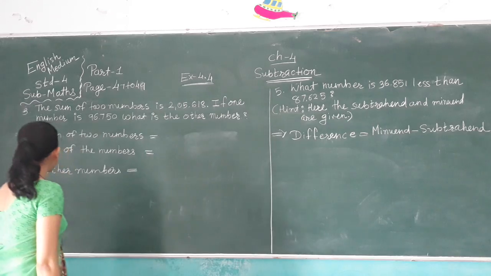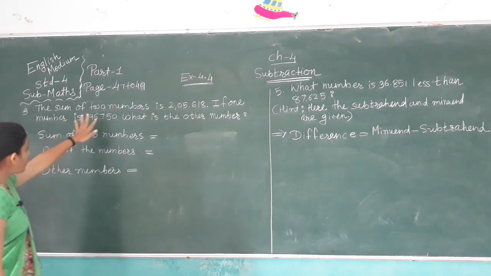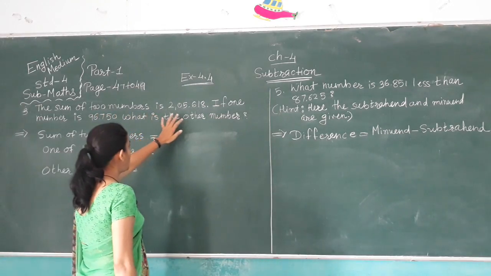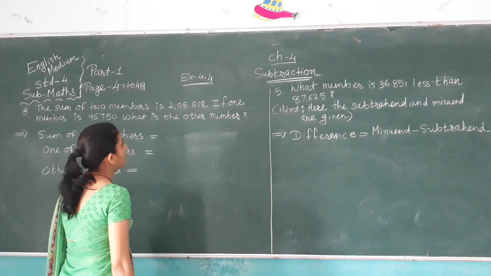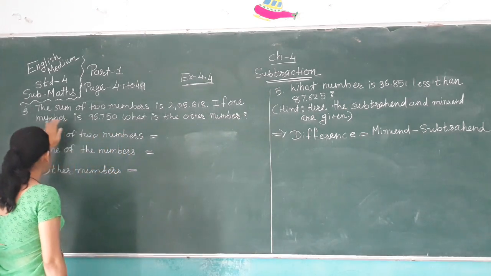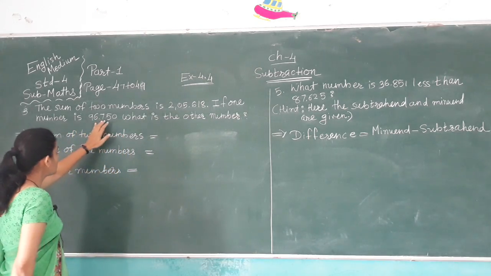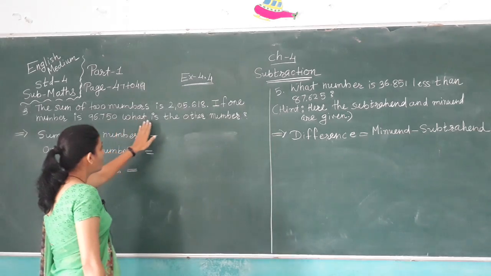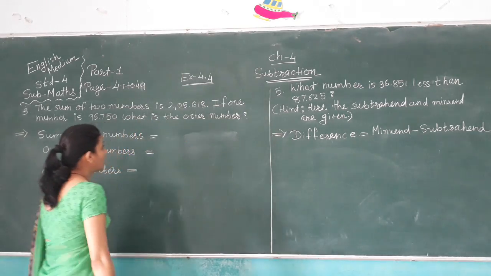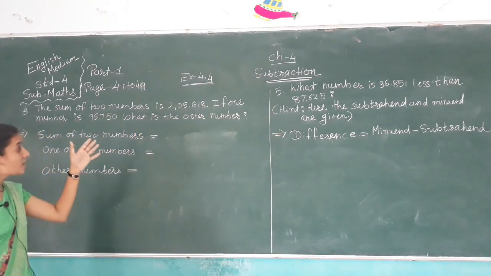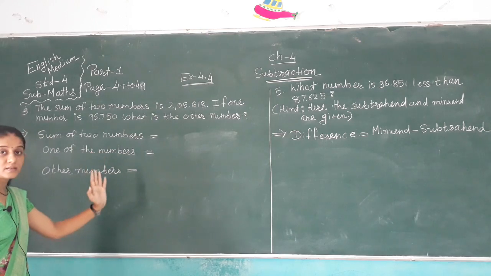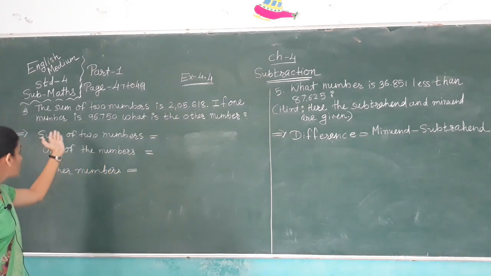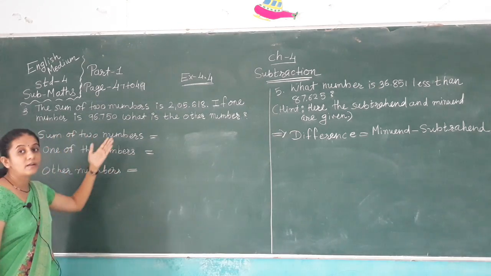Now, next one. The sum of two numbers is 2,05,618. If one number is 96,750, what is the other number? What is the other number? One number is 2,05,618 and one number is 96,750.